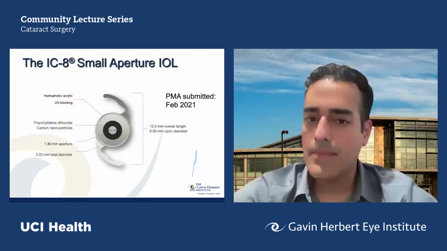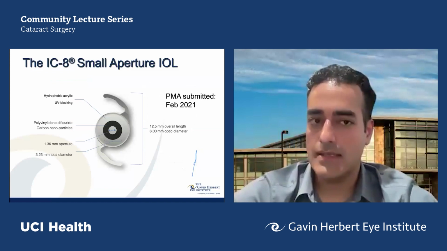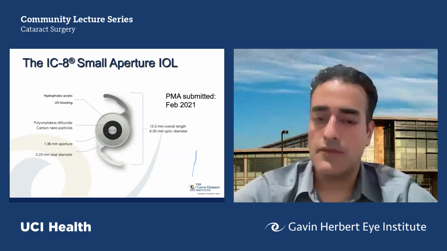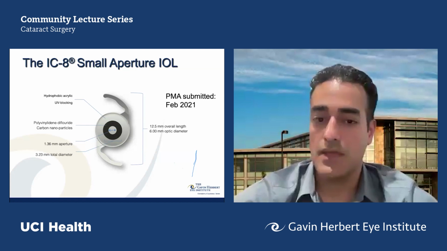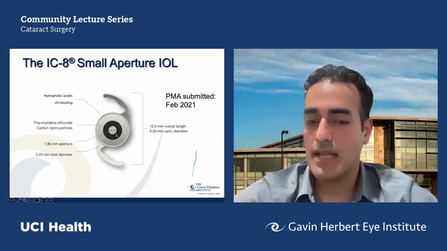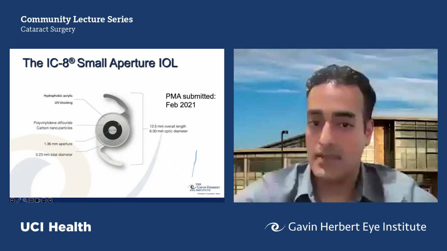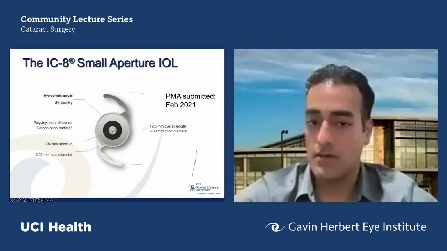There is another lens that we actually do have available at the Gavin Herbert Eye Institute, and it is the IC8. This is a small aperture IOL. So similar to if you've ever tried a pinhole pair of glasses, or when you come in, we check vision with pinhole. Basically, the technology here is that this lens goes in the non-dominant eye, and this lens sits within the pupil and the vision of the patient.